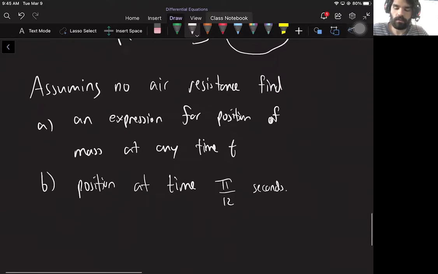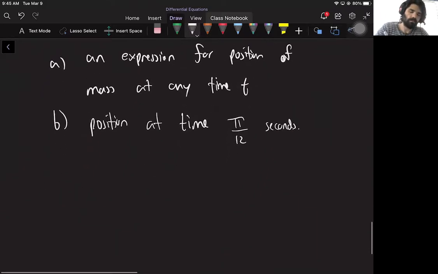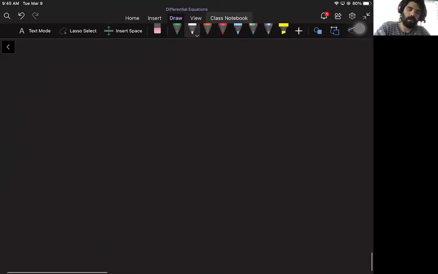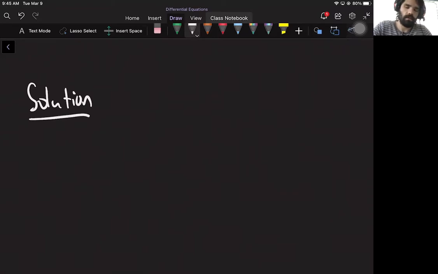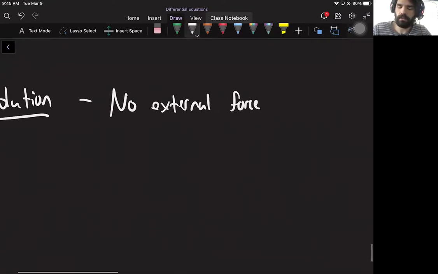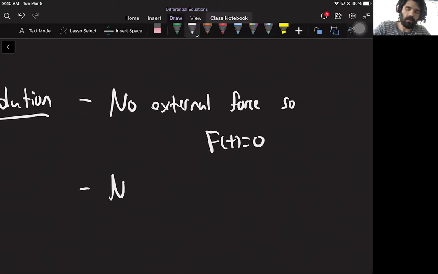So there was no external force. So that is going to help us make things easier. So here's the solution. First, we're going to make everything easier. What's going on? Well, there was no external force. It's just the spring on its own. So that thing will be 0. There's no air resistance in this situation. So that thing will also be 0.